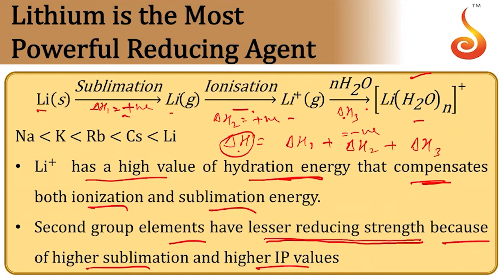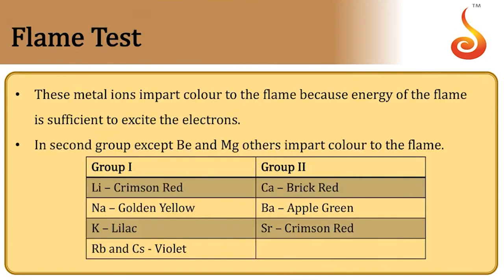Because they have a smaller size and stable configuration, they are going to have stronger metallic bonding, hence they have higher sublimation, and because of the stable configuration they have higher IP values. Because of these two higher positive values, they are going to have a less negative delta H. That leads to lesser reducing strength. So second group elements have lesser reducing strength because of higher sublimation and because of the higher IP values.